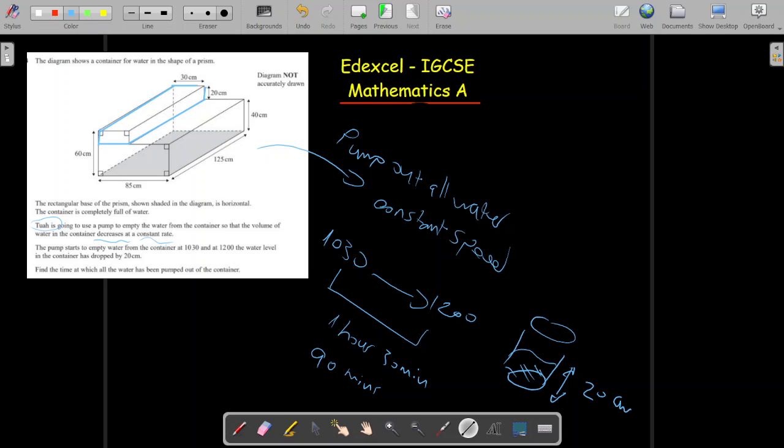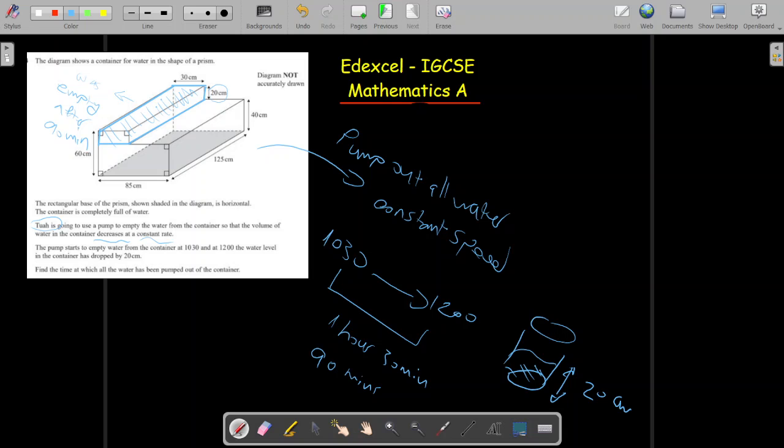So from 10:30 to 12, this is the part that was emptied of water, this volume. You got the idea. This is the trick here. So the drop by 20 centimeter means this volume was emptied after 90 minutes. I need to know what time it takes to empty the whole thing.